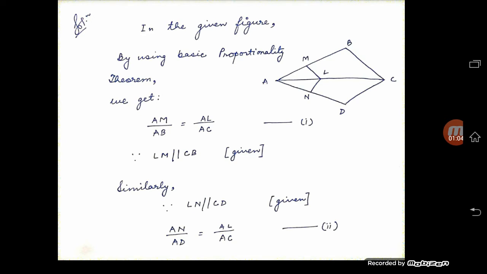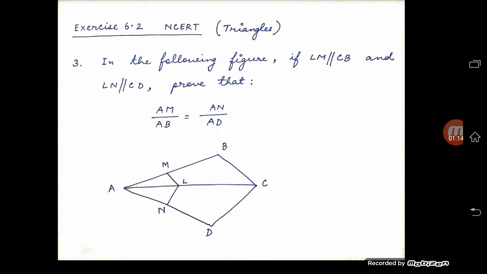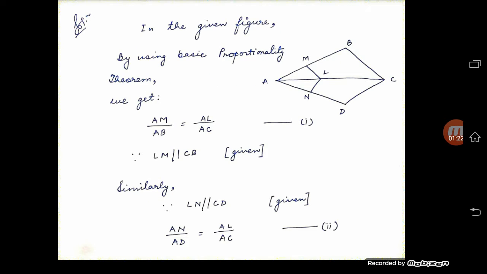So we write in the given figure and draw the figure on the side. Here we use the first condition, LM is parallel to CB. So we use the basic proportionality theorem which we have in the chapter of triangles.